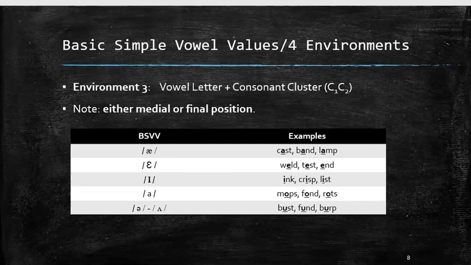Environment number 3. This corresponds to words in which the vowel appears immediately before a consonant cluster in medial or final position. So a consonant cluster is when you have 2 or more adjacent consonants. A double consonant is not considered a consonant cluster.